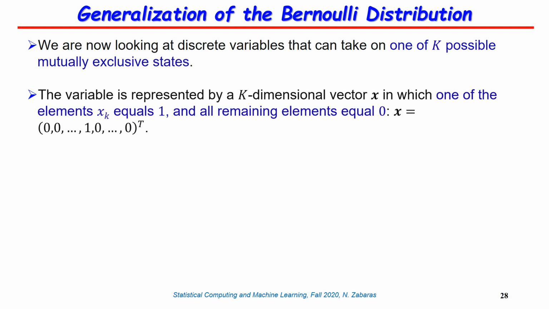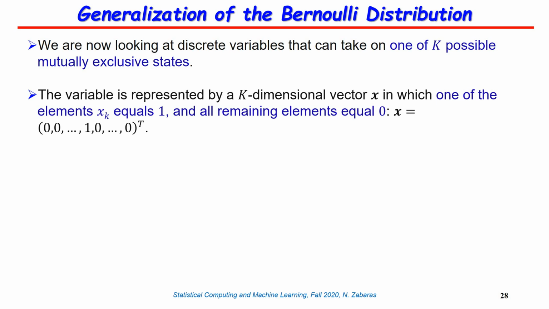Think of the random variable being a vector 5 by 1, and possible outcomes for this random variable can be 1, 0, 0, 0, 0, or 0, 1, 0, 0, 0, etc., 0, 0, 0, 0, 1.